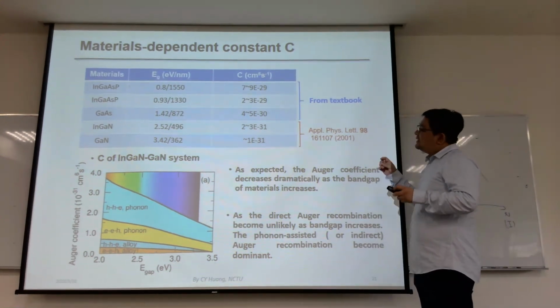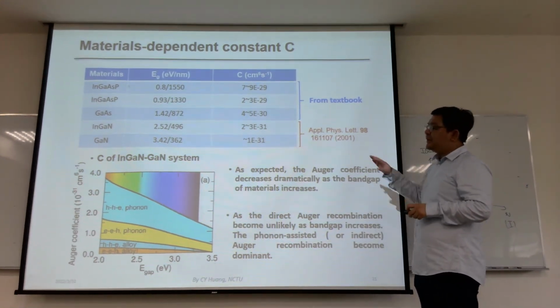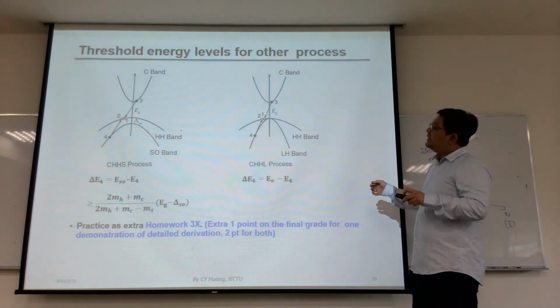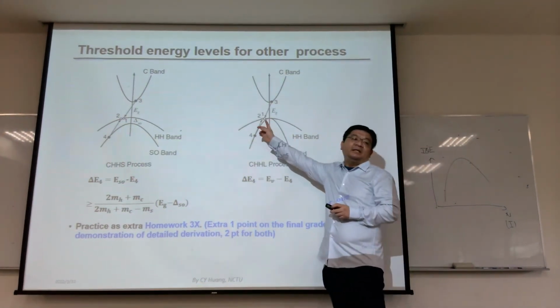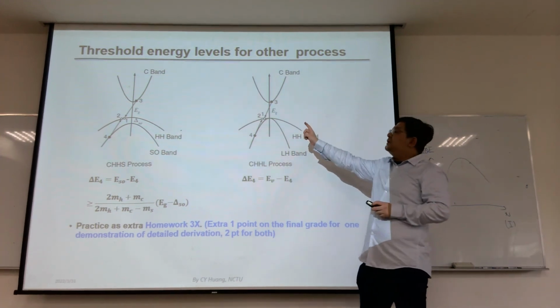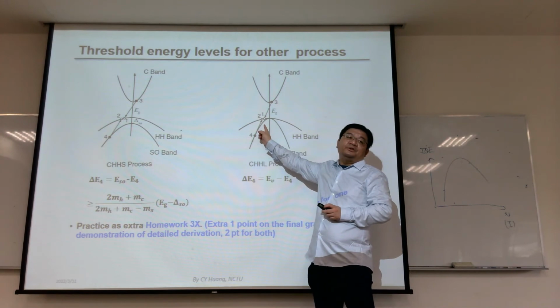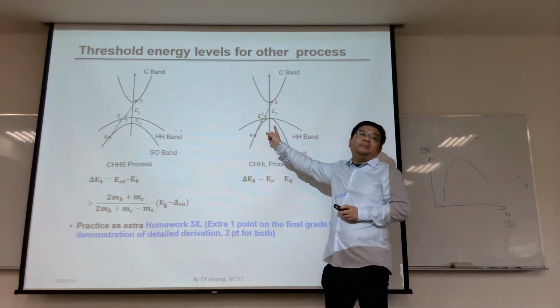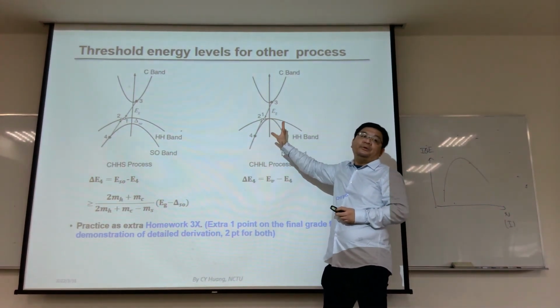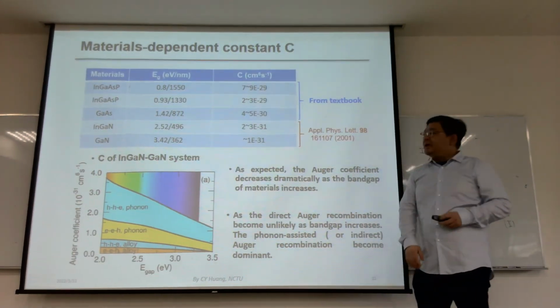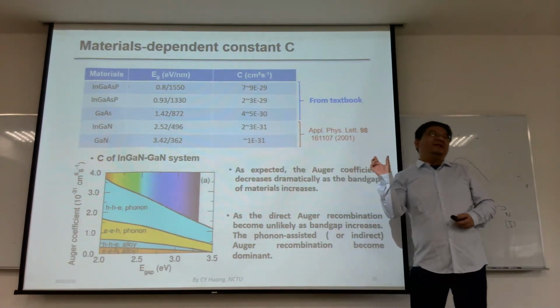However, this process can also be assisted by the phonon. What we said here doesn't consider any phonon, so you need to fulfill the conservation of momentum by the carriers themselves, which is rather difficult.